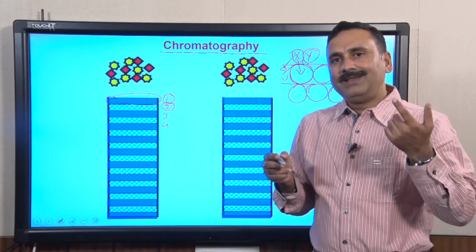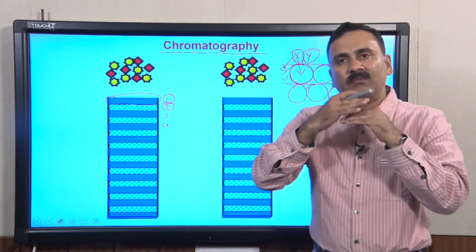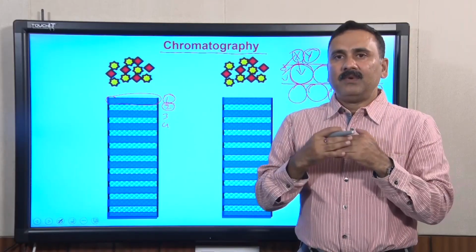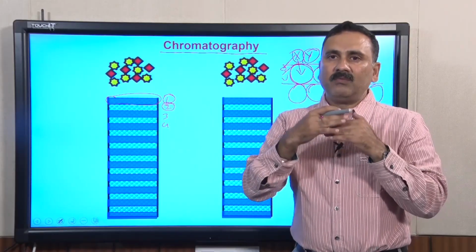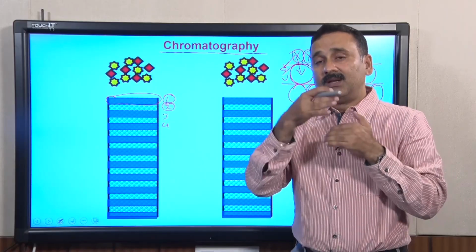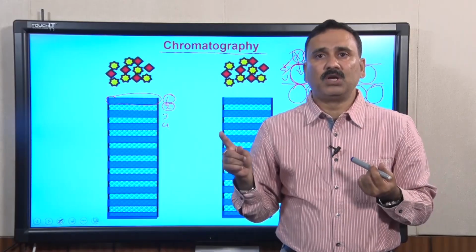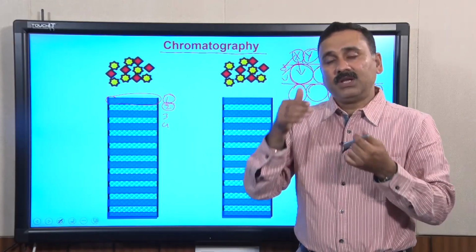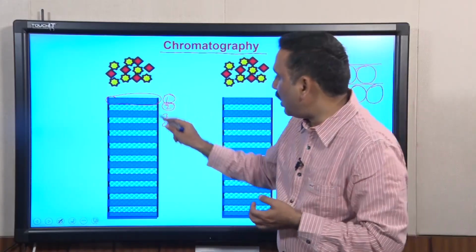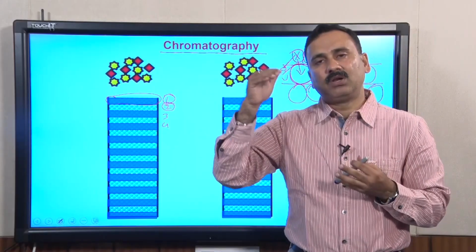That will continue until the distribution makes the separation between the two molecules, and that makes a wider separation, because the molecules experience not only one distribution or one Kd value, but multiple Kd values depending on how many layers of beads are packed in that particular column.